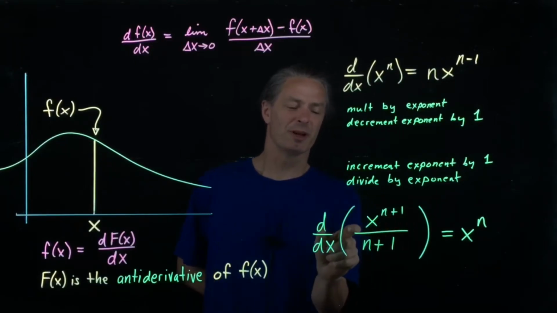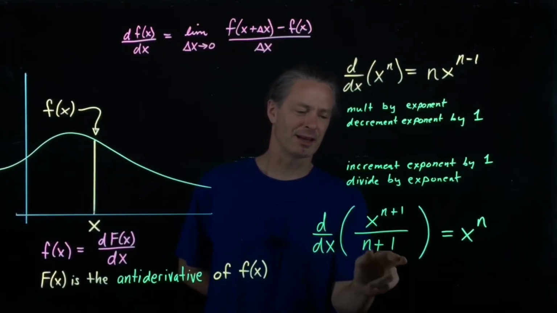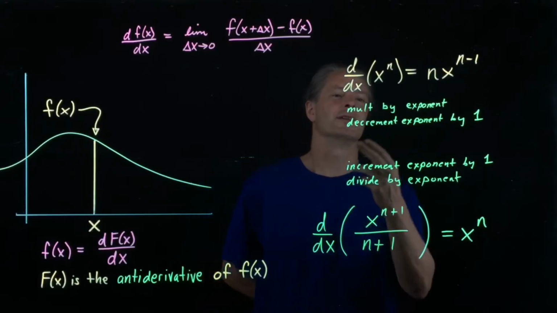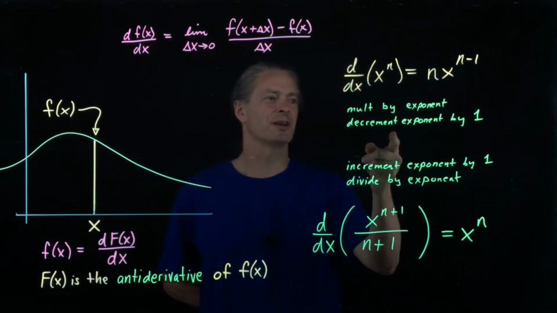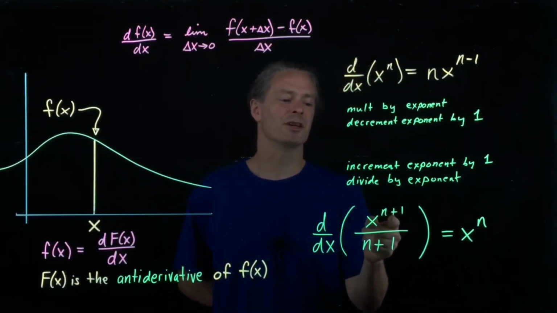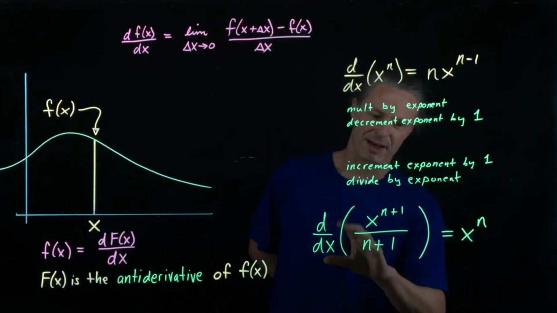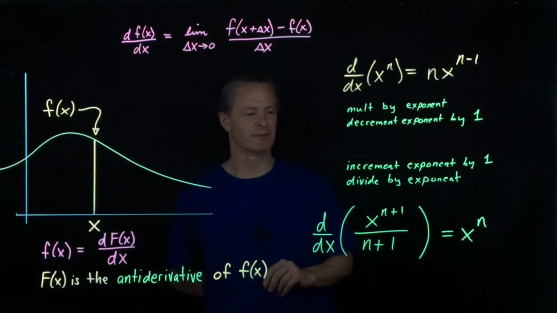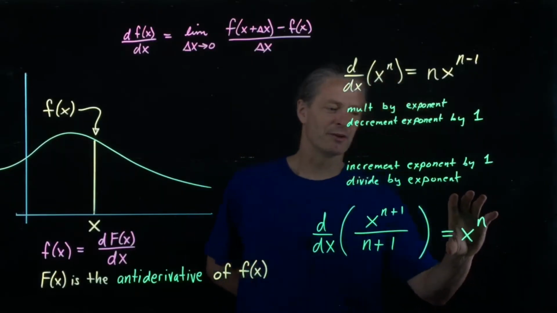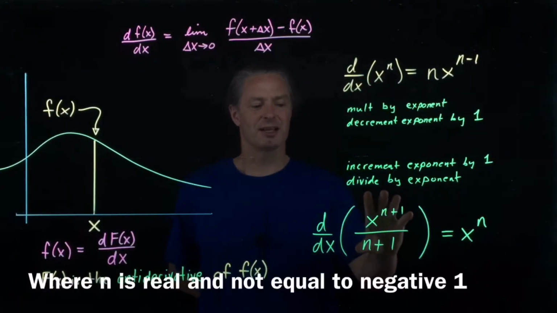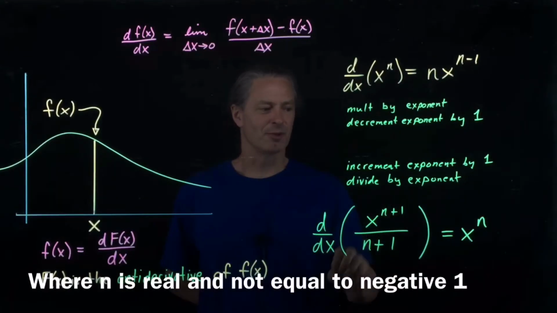So if you multiply this by n plus 1, that'll cancel this n plus 1. And then the second part of this rule says to decrement the exponent by 1. So we would take it down from n plus 1 to n, and it looks like it works. So now we have a nice antiderivative rule. The antiderivative of x to the n is x to the n plus 1 divided by n plus 1.